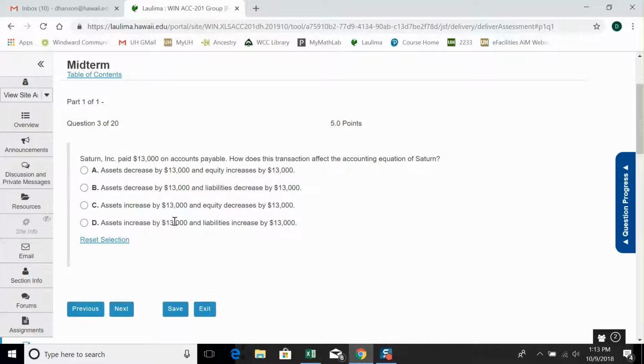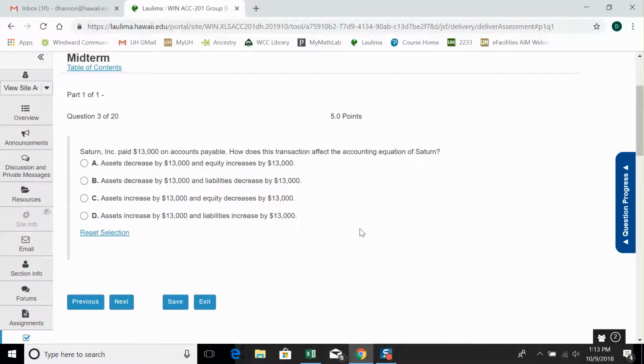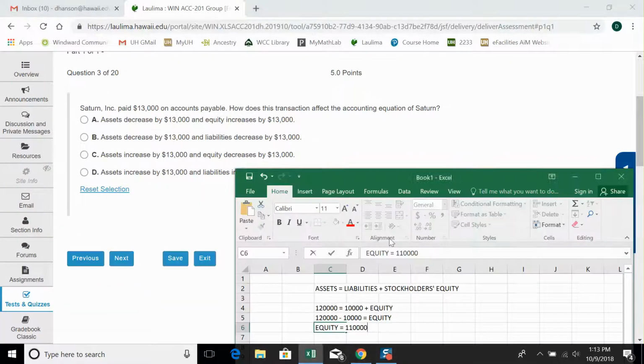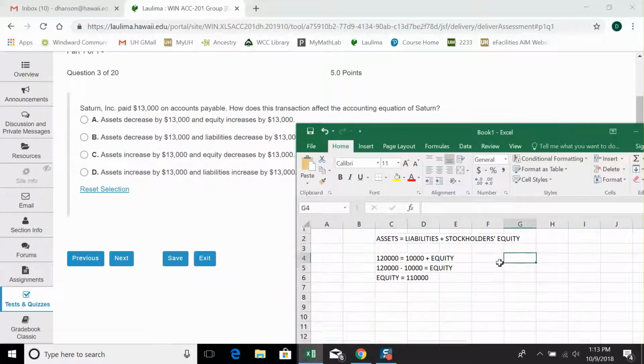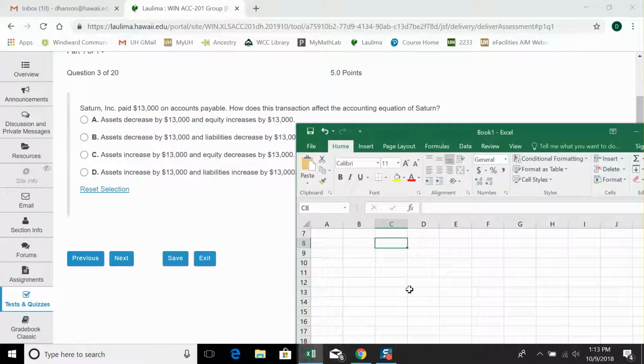Question 3 of 20. Saturn paid 13,000 on accounts payable. How does this transaction affect the accounting equation of Saturn? Okay, so what I would do first is I would probably diagram that. So if Saturn paid 13,000 on accounts payable, you know that we are going to decrease accounts payable with a debit. Okay, so you know that you're going to have a $13,000 debit.